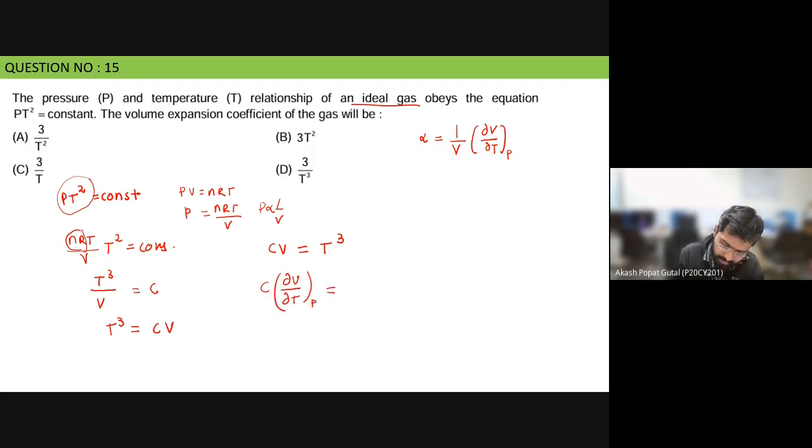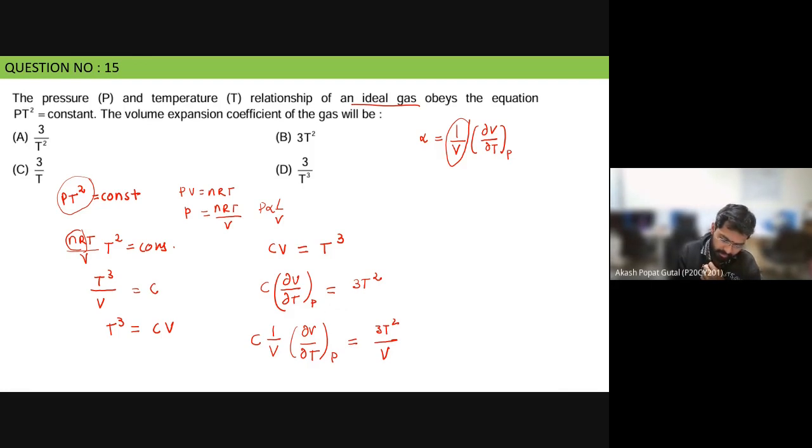Once we differentiate it, what will we get? 3T square. We need 1 by V also, so we multiply both sides by 1 by V. 1 by V del V by del T at constant pressure equals 3T square by V.